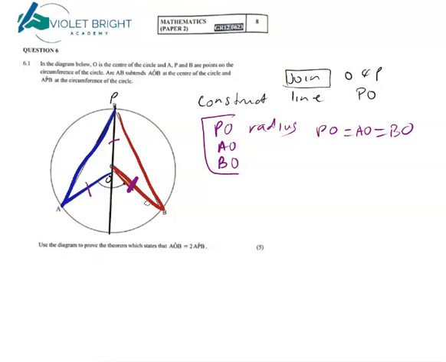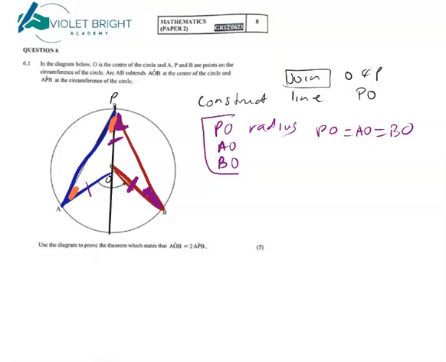So this side OB is equal to this side, which makes these 2 angles here and here equal. And this side here and this angle here are equal because of this isosceles triangle. That is the first part.